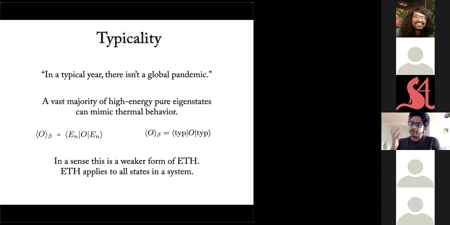In that phase, almost all your states are going to violate ETH. Whereas quantum scars are special states in the thermalizing phase, if you like. These are special states in this thermalizing or chaotic phase which do not obey ETH, and there are very few of them.